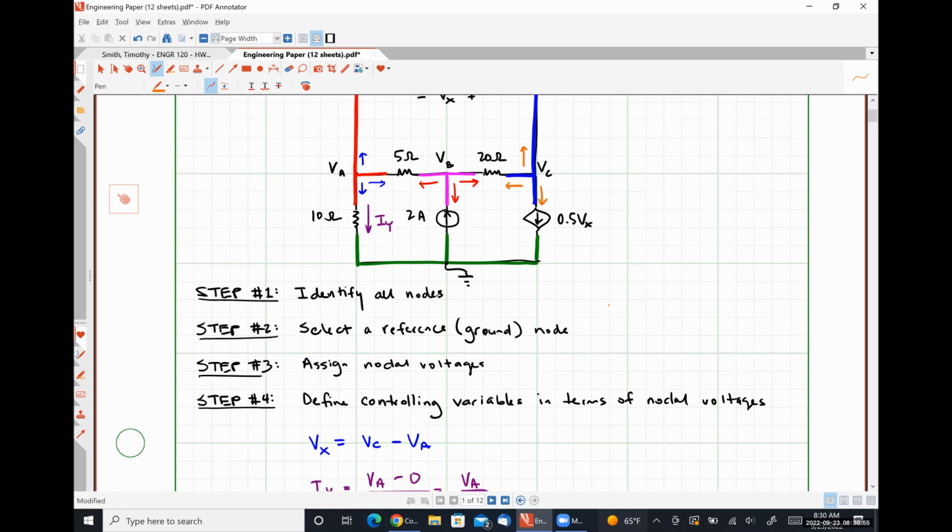Reagan, what's the current directed down? 0.5 Vx, yeah. So anytime we have a current source, it's just going to be the value of the current source. When it's in the same direction, we leave it alone. When it's in the opposite direction, we throw in a negative sign. So you're 100% correct. The current flowing down from VC is just going to be 0.5 Vx.